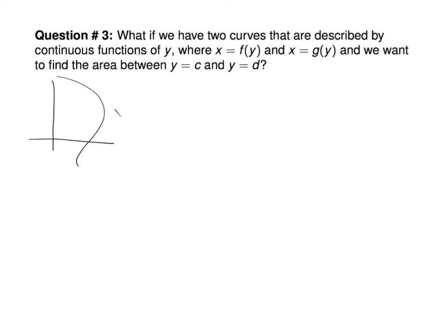So I have some x equals f of y, and I have some other curve x equals g of y. So in this universe, this is a sideways universe, and I care about some c value to some d value.